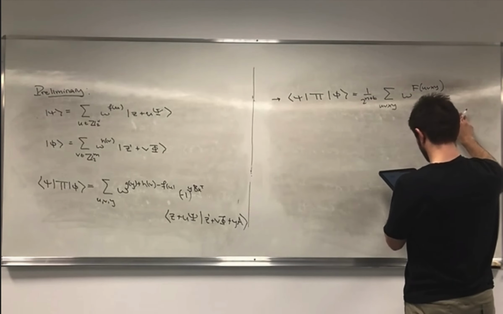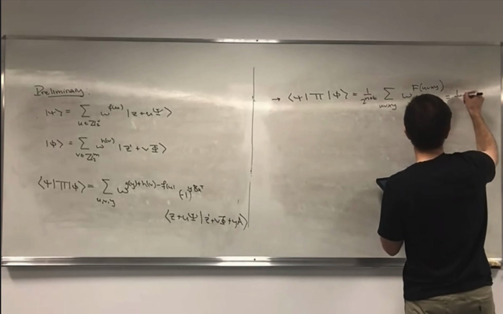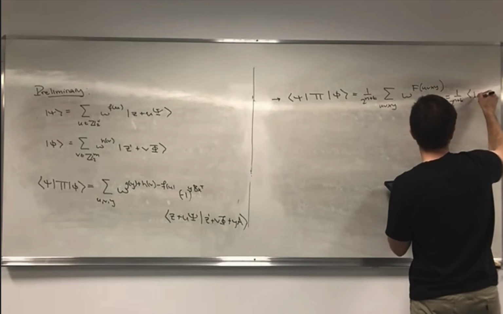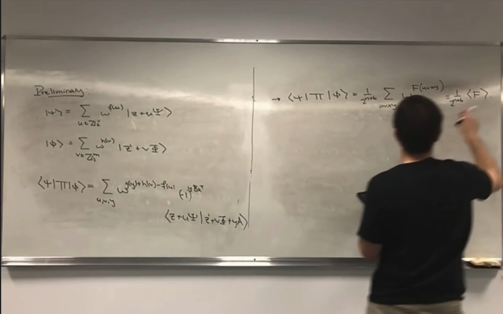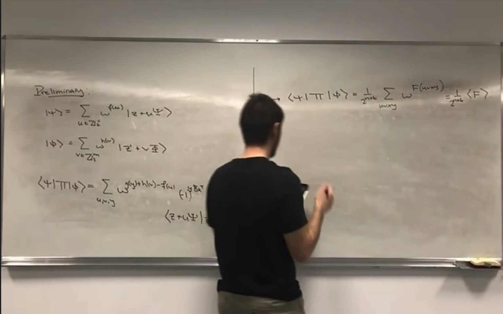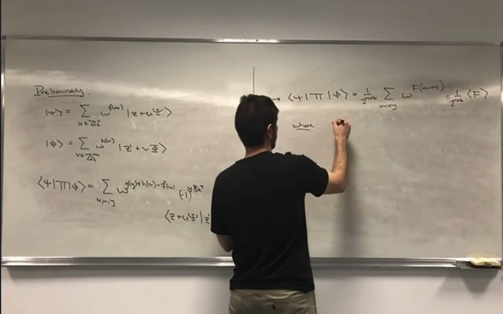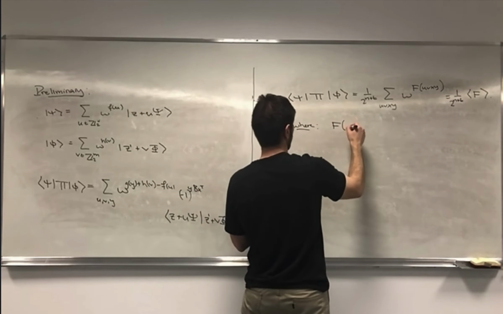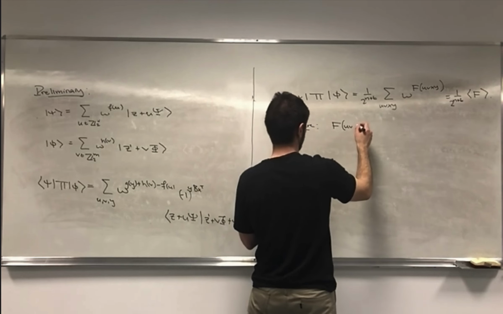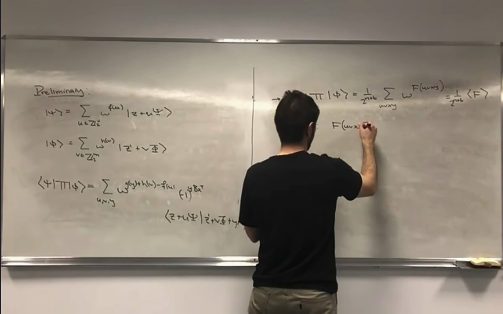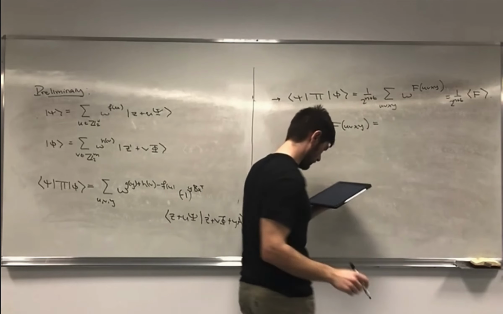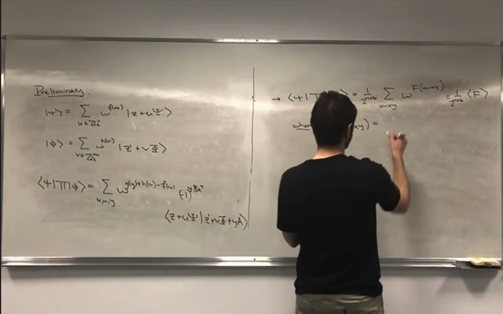This is 1 over 2 to the n plus t, f, where we have f of u, v, x, y. So what did this function look like?